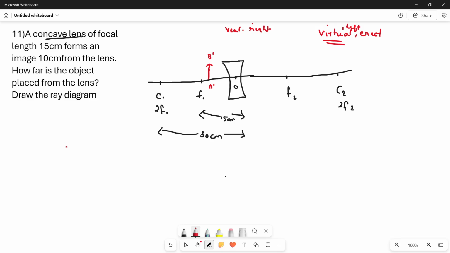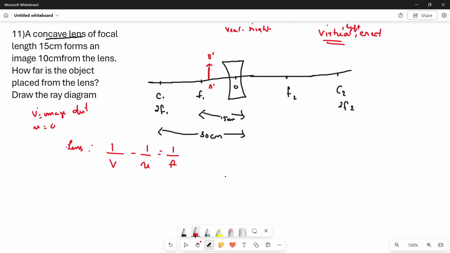So let us go into the problem. What is the lens formula? Lens formula is 1 by V minus 1 by U is equal to 1 by F. So what is V? V is image distance.